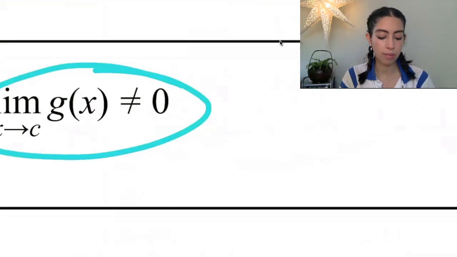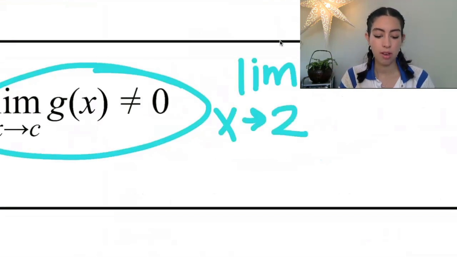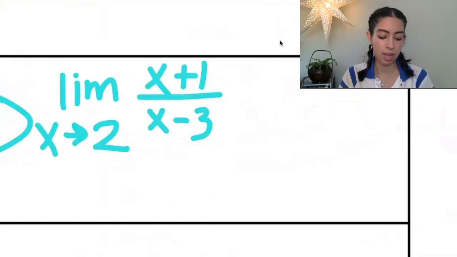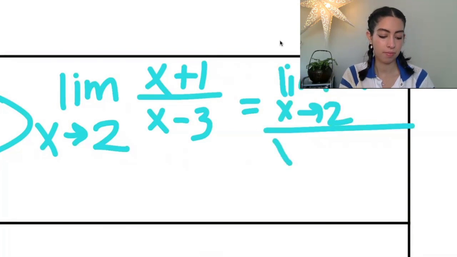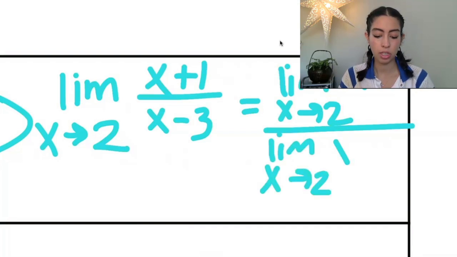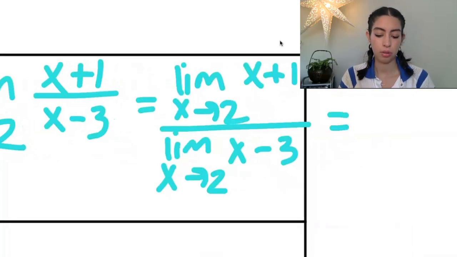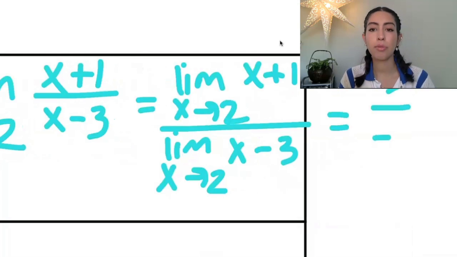So we can do something like the limit as x approaches 2 of x plus 1 divided by x minus 3. Something like this would work, because if I take the limit as x approaches 2 of the top and of the bottom and do direct substitution to each of these, I would get 3 over -1, or in other words, -3.